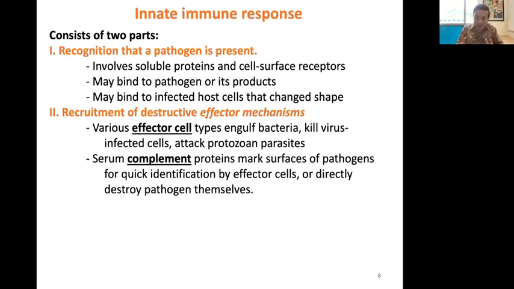Because the innate side is the product of hundreds of millions of years of evolution, we share many of the same mechanisms of innate immunity with other organisms. Certainly all mammals have a very similar innate immune system, but even before mammals, you're talking about things like fish, reptiles, other types of complex living things.